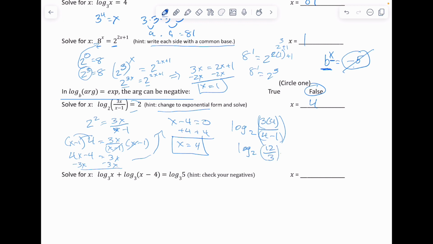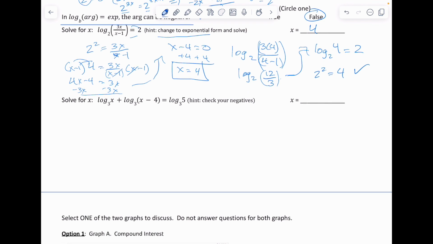So let's simplify that. Log base 2 of 4 equals 2. Can I switch this into exponential form? Because that's just 2 to the 2 equals 4. Check. That makes sense. Also, the logs were never negative, so we're okay there.